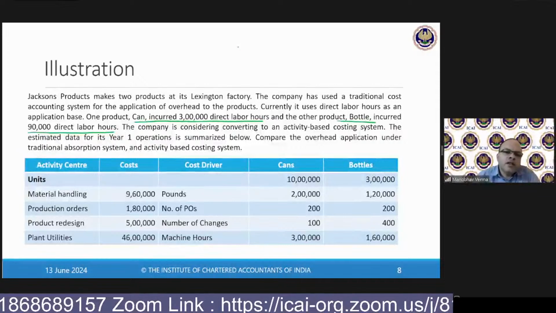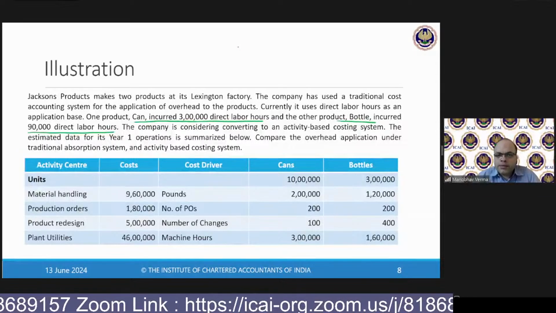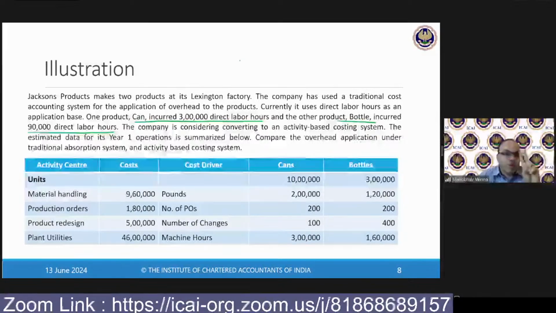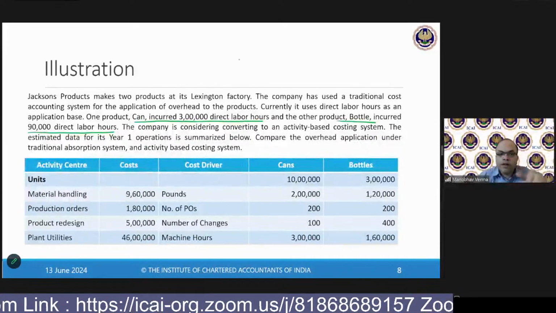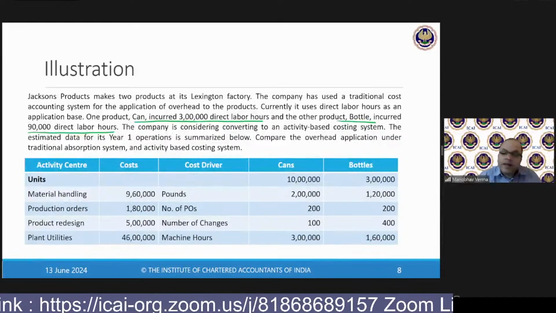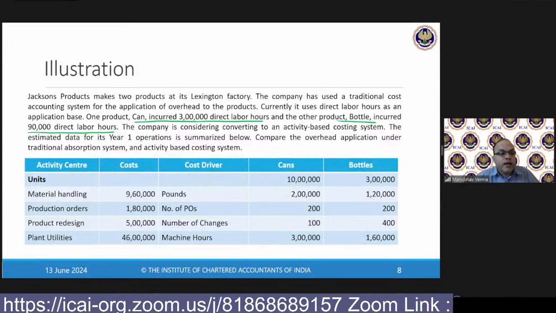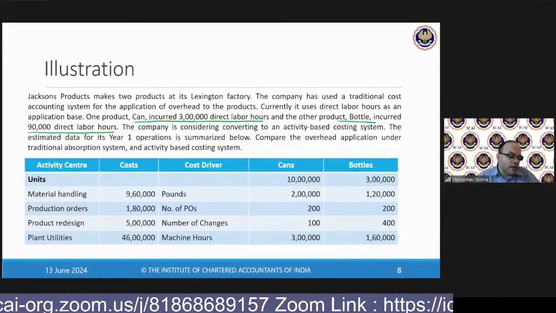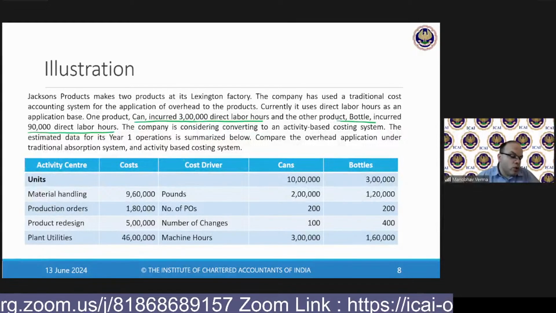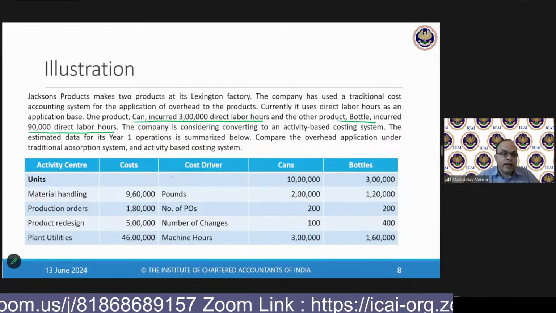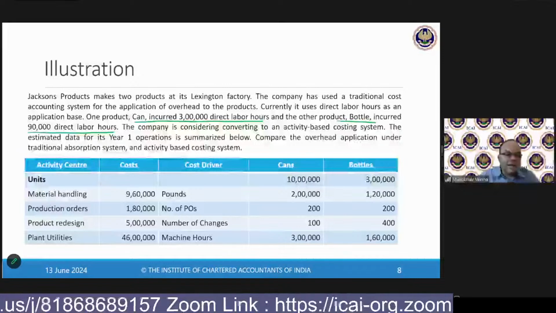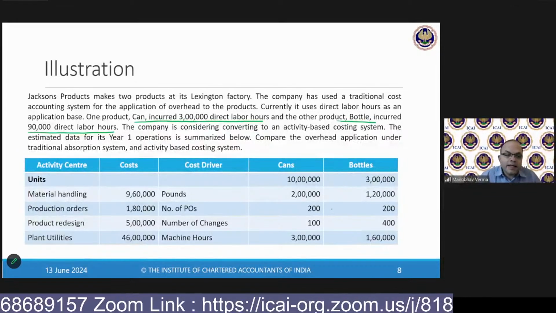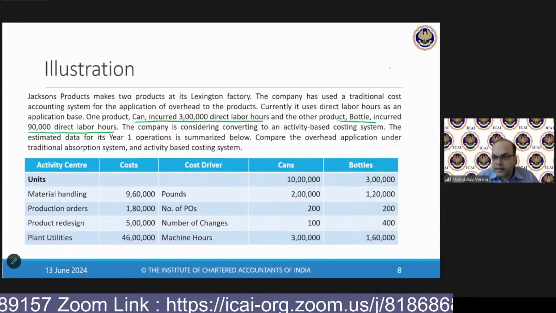We are already given the estimated hours here for both the products, 3 lakhs and 90,000. But do we have estimated overheads? Yes, we have estimated overheads, which are given to us here. It says calculate the total overhead incurred. Absolutely correct. So we are given overheads which involve material handling, production orders, product redesign, and plant utilities.